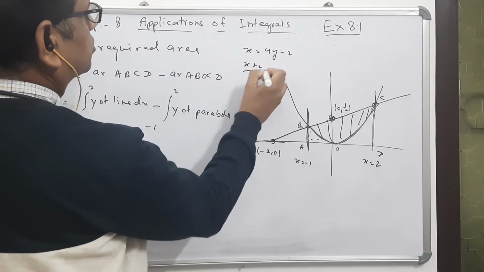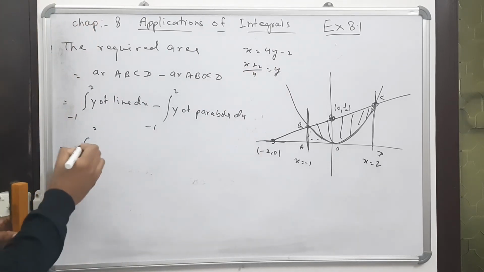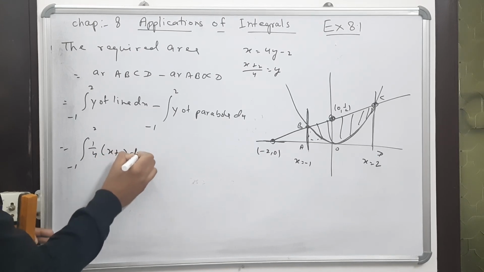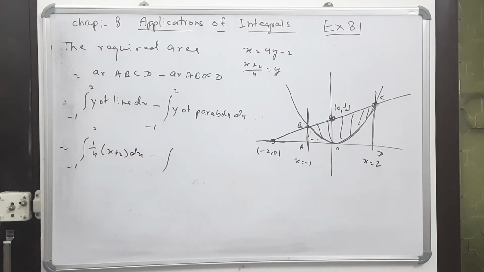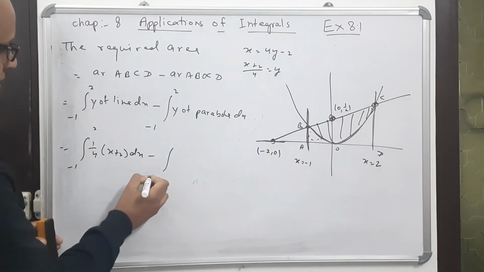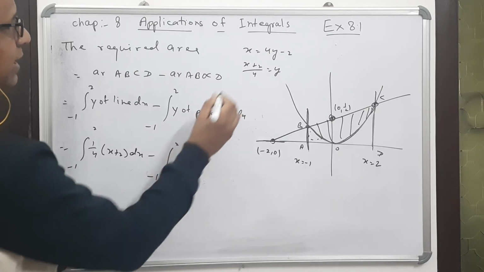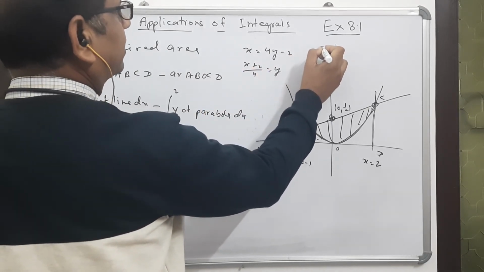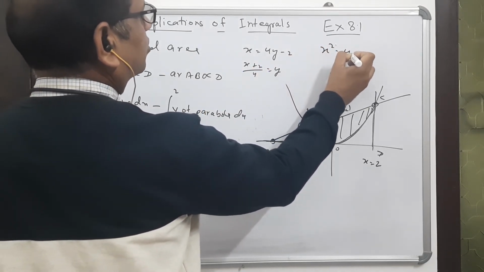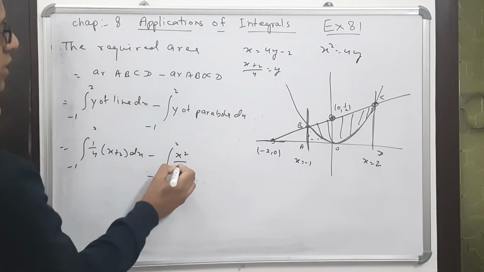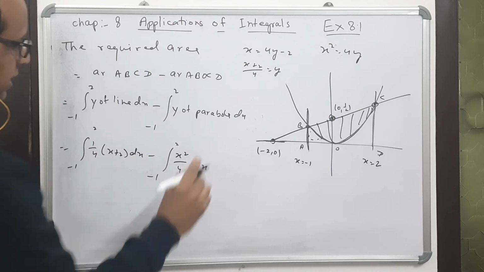So x plus 2 equals 4y, so y is 1 upon 4 into x plus 2 dx. That is the y of the line. And what is the y of the parabola? Again minus 1 to 2. The parabola is x square equals 4y. So it will be x square upon 4 dx.